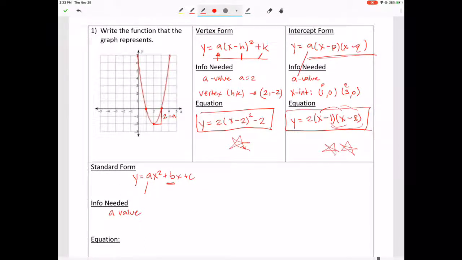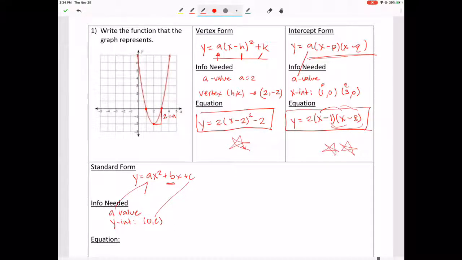And for the key features of an equation in standard form, we can find the y-intercept really easily. That will always be 0, c. So we can find our c value fairly easily. The only thing that's a little more difficult is the b value.